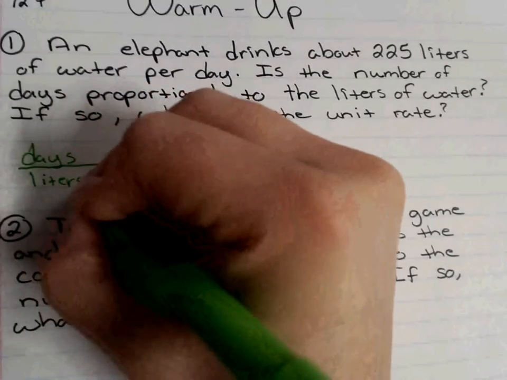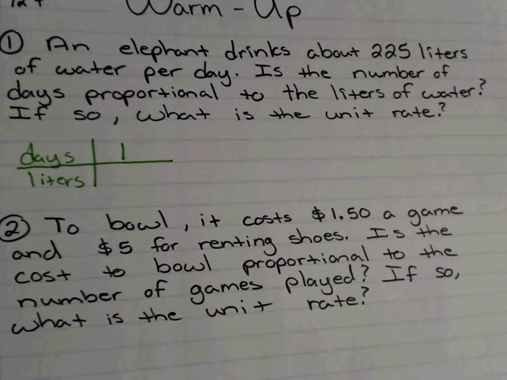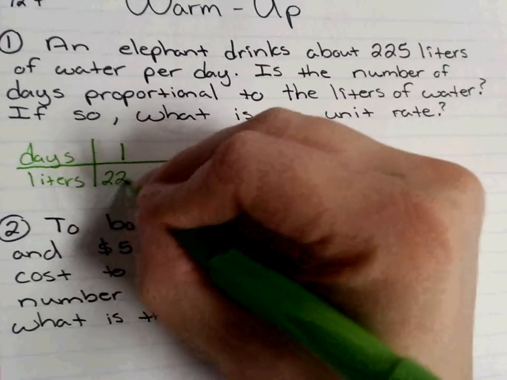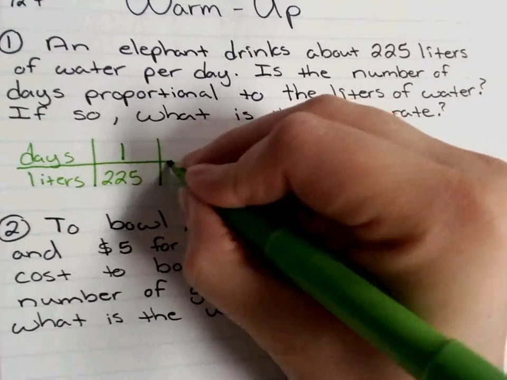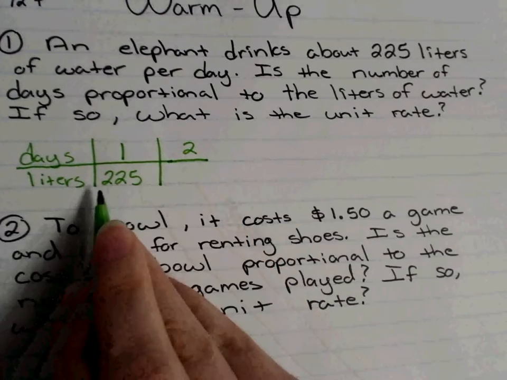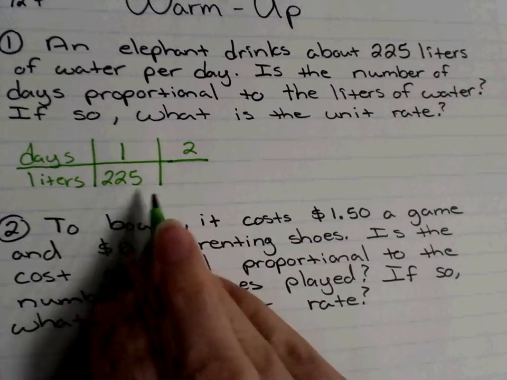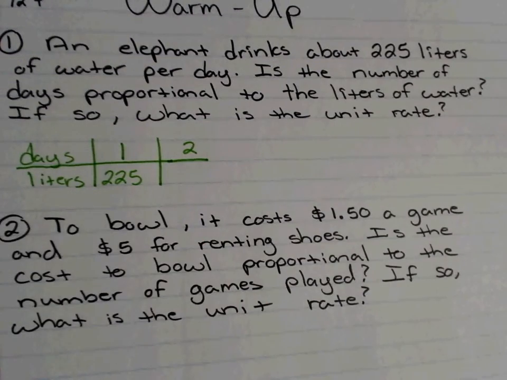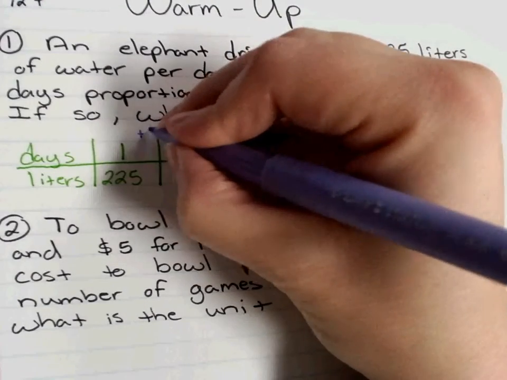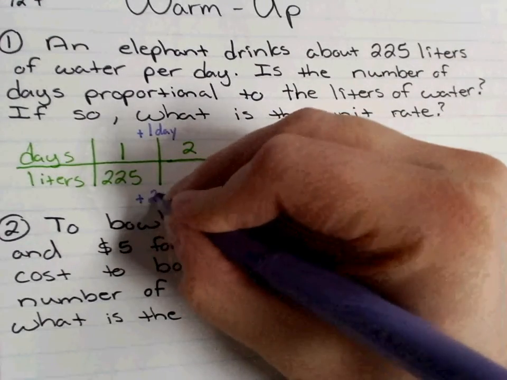So at 1 day, how much is that elephant drinking? 225, right? Now, if I increase by 1 to go to the second day, then my water is increasing by how much? By 225, right? Each time that I increase by 1 day, I'm increasing by 225 liters.